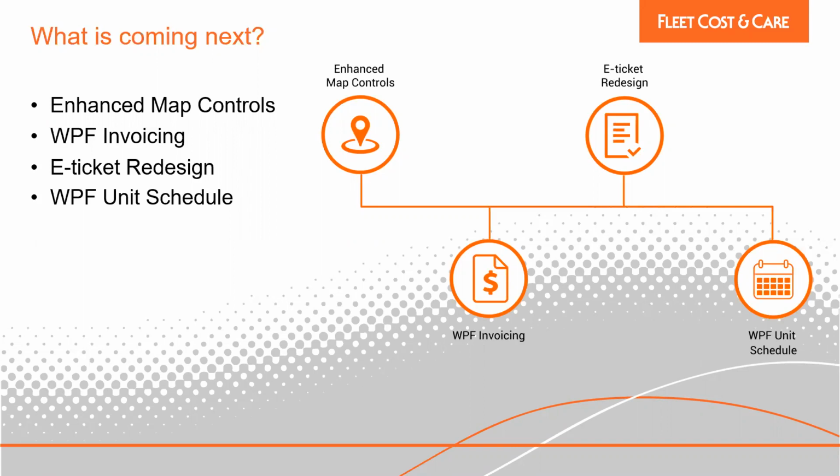So you're going to see some improvements there, a similar look and feel to the scheduled job screen on the invoicing side, and some neat features added to the unit schedule. Throughout this year and into 2022, we're going to continue to work through the existing screens, the quoting screens, all the different areas of NextGen, and get those converted over to WPF. So you're going to see a much more consistent look throughout the system. But again, the jobs is where we wanted to get started.